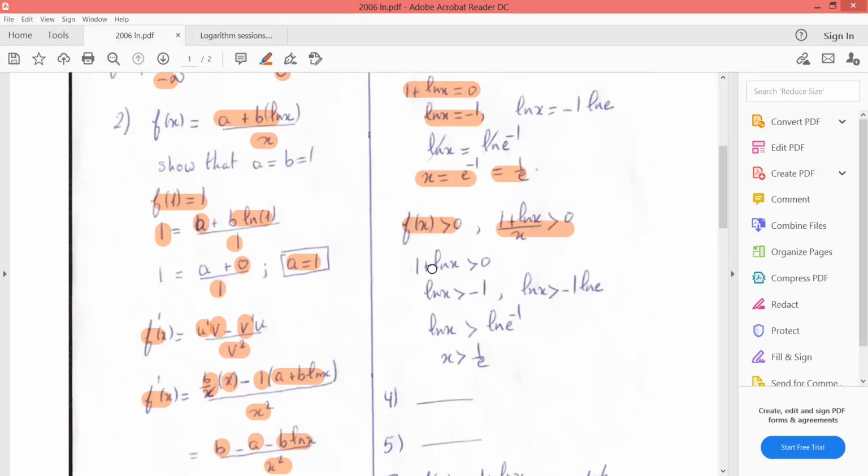Cross multiplication: 1 plus ln x greater than 0, ln x greater than minus 1. To remove ln from the left, I can put directly x greater than e to the minus 1, so x greater than 1 over e.